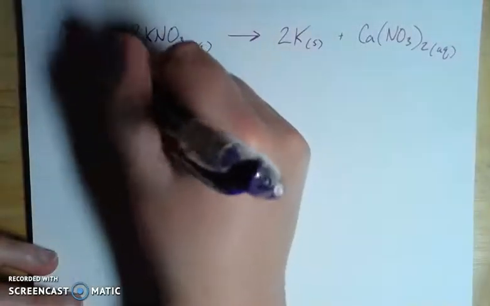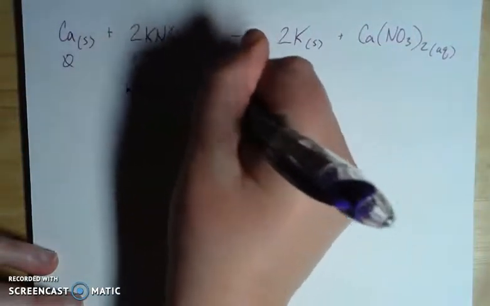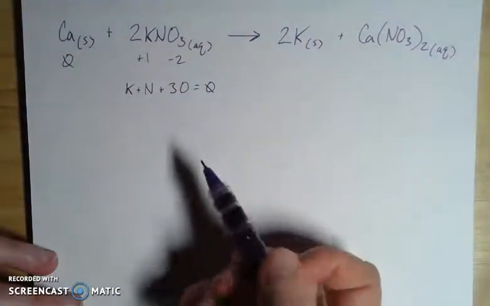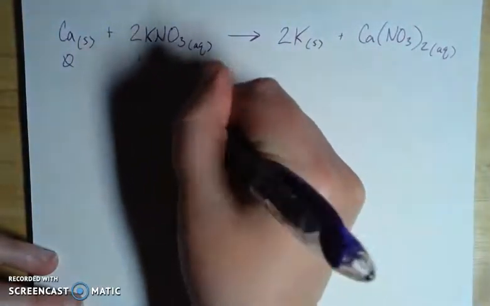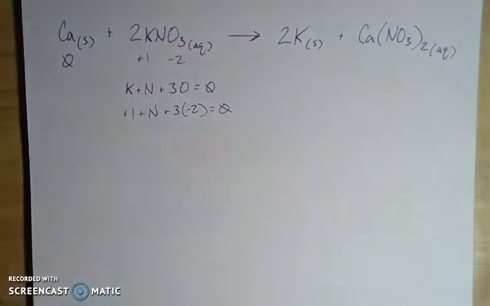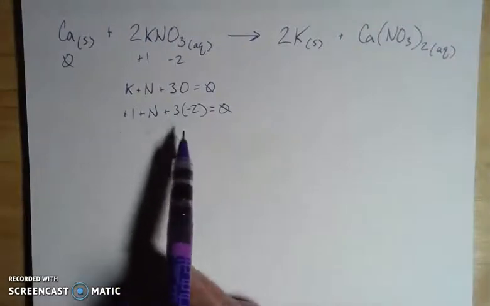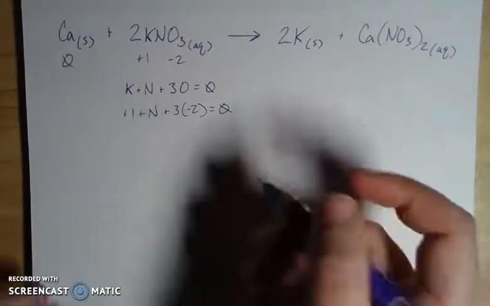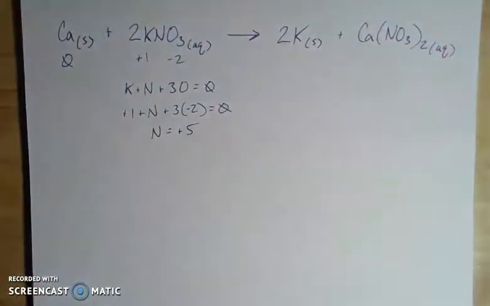So my potassium plus my nitrogen plus 3 times my oxygen all have to equal 0. I have +1 plus whatever my nitrogen is plus 3 times -2, and all of that equals 0. Now I can see that I have +1 minus 6, so nitrogen minus 5 equals 0, so nitrogen must be +5.